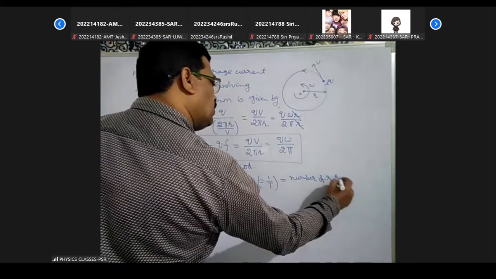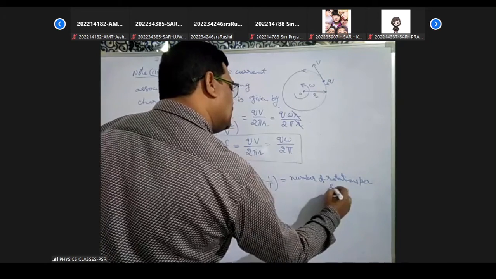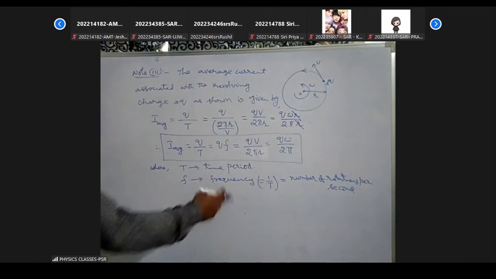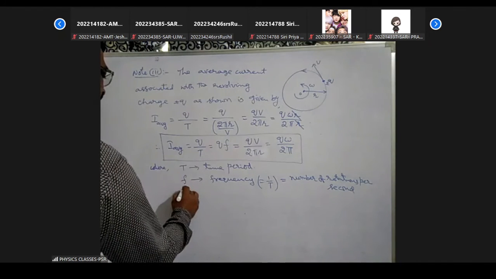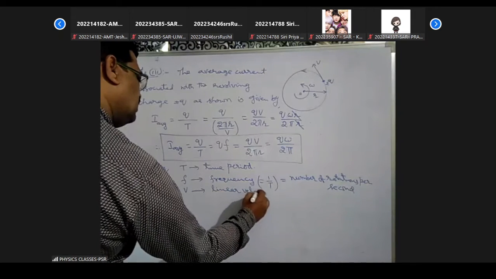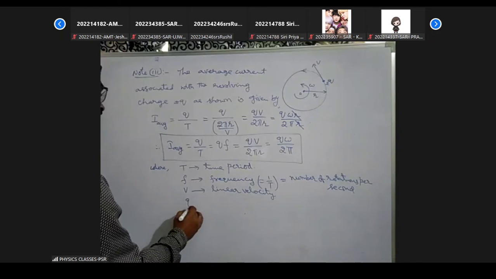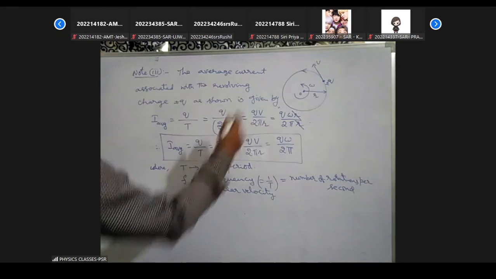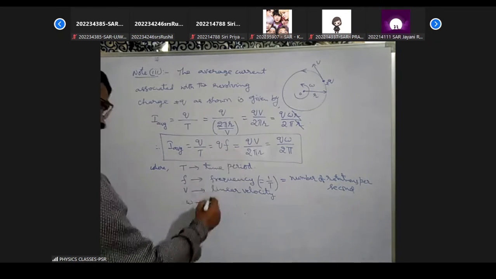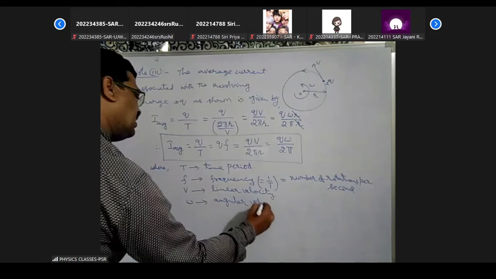What is V? Linear velocity. R is the radius. What is omega? Angular velocity.